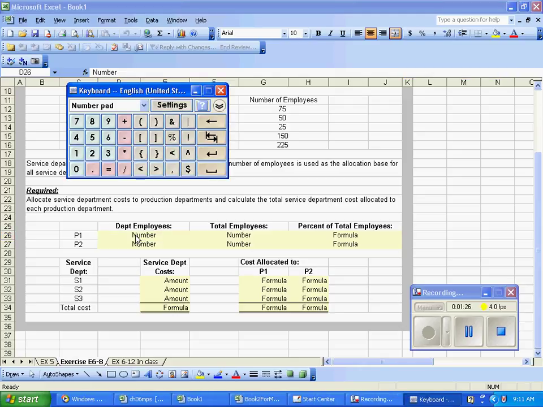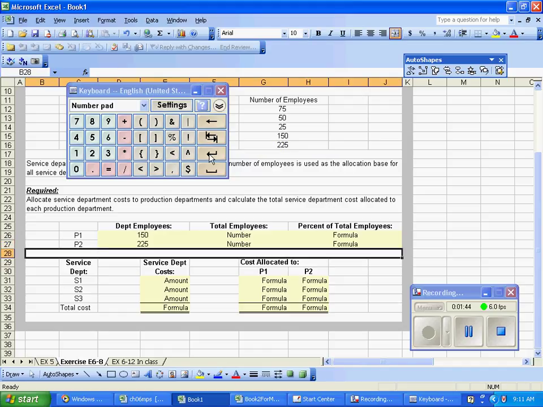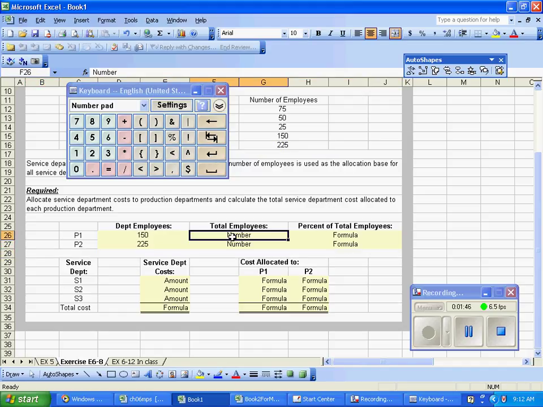The number of employees here, I'll make this equal to Department 1, 150, and Department 2 is equal to 225. Total number of employees, again, is just the total number of employees in these two production departments.